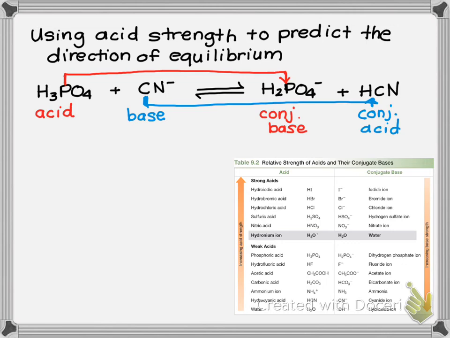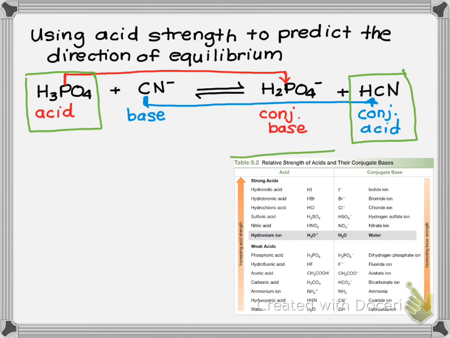So how we figure out where the equilibrium is: we find the acids on both sides of the reaction. So here's one, on my reactant side. And then I'm going to look at the conjugate acid on my product side because I have to compare acids to acids. Okay, acid to acid comparison. Now I would use this table, and the table will be given to you, and here is the side I'm looking at.